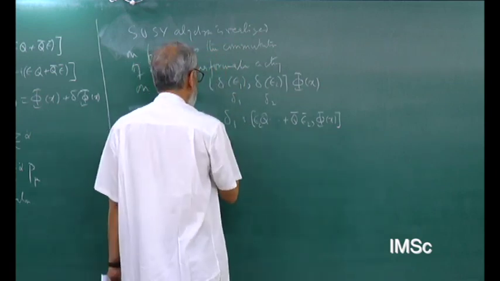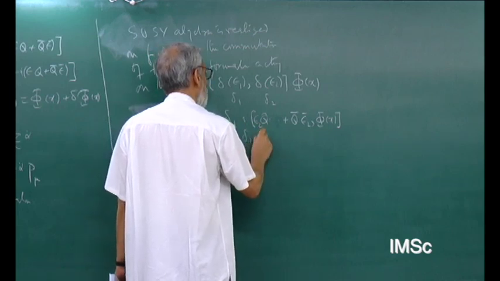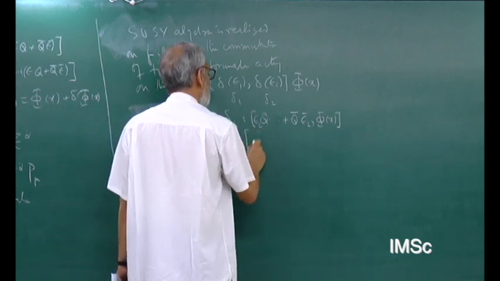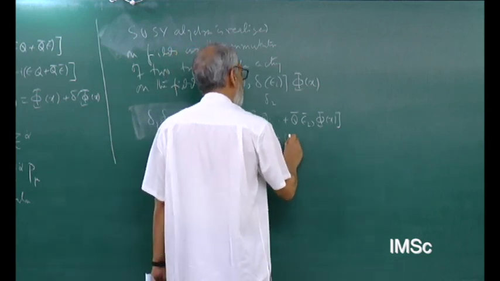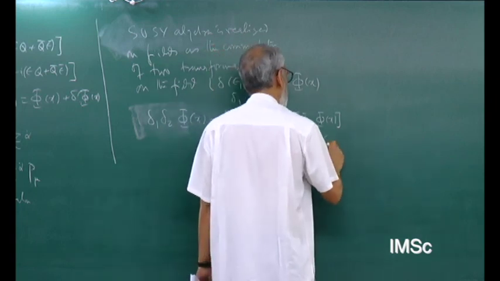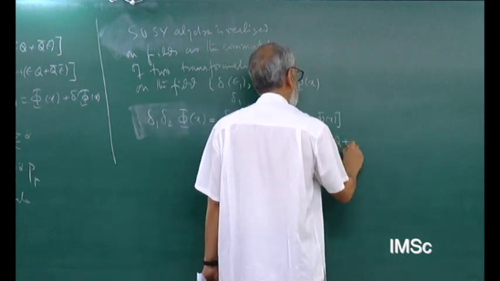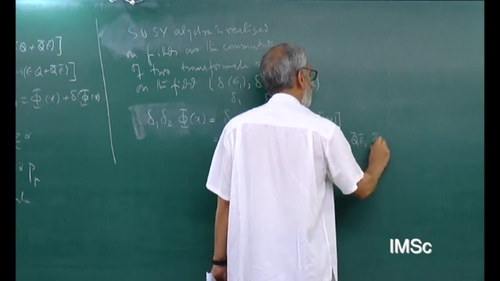And this is now another i, so minus delta 1: epsilon 1 Q plus Q bar epsilon 1 bar, commutator with this object.